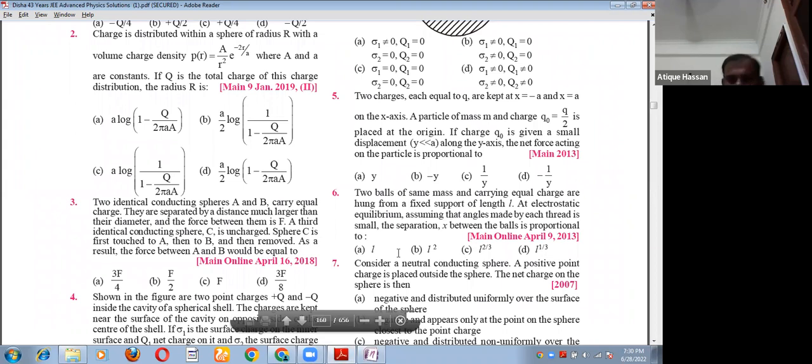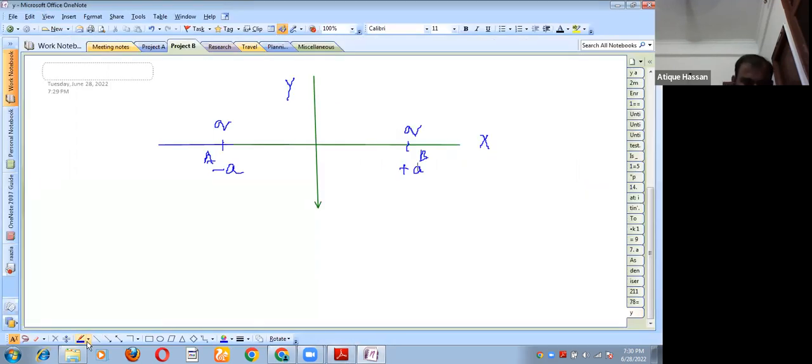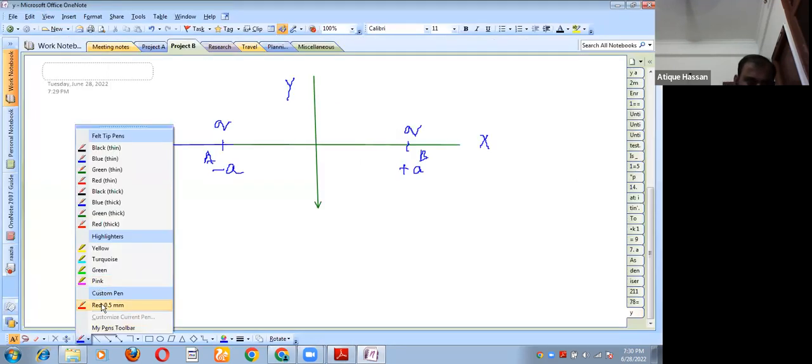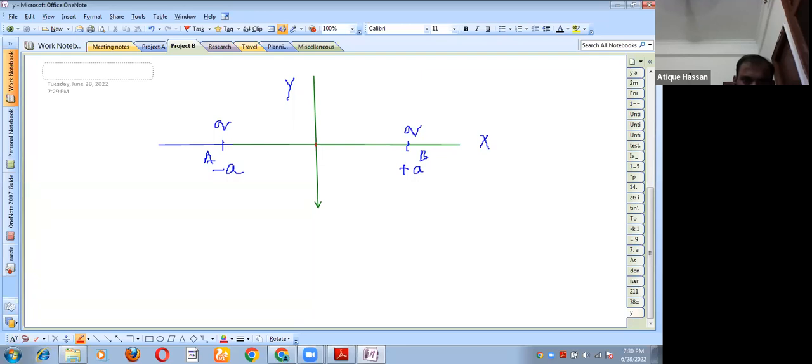A particle of mass m and charge Q0 equal to Q by 2 is placed at the origin. Now another charge is placed at the origin. Its charge is Q by 2.